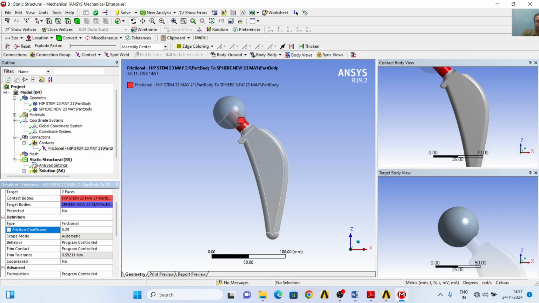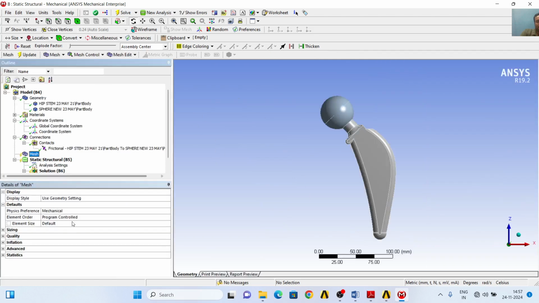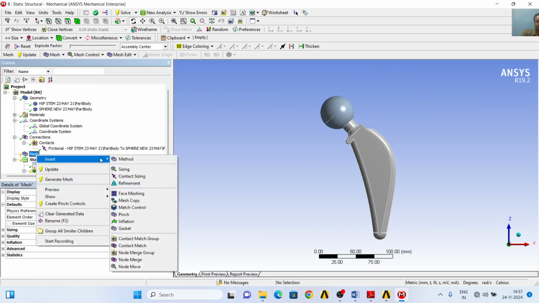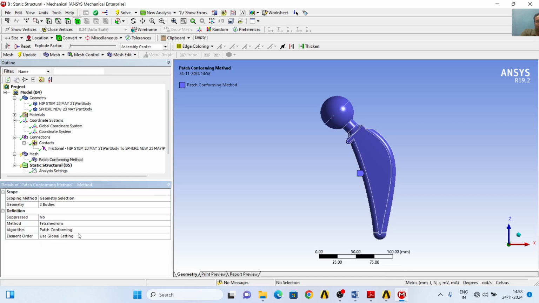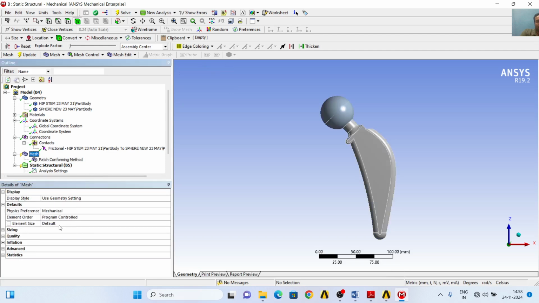So this is the contact. Then I will create a mesh method, select the whole geometry, apply, and give a tetrahedral method of meshing with an element size of 1 mm.